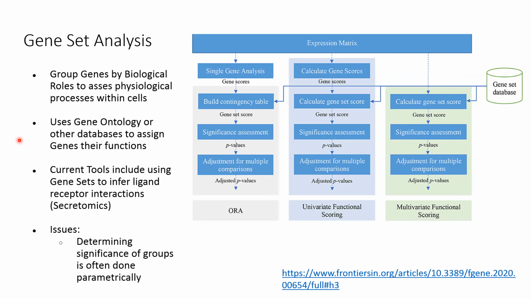And this assigns physiological processes to your genes. So as a result, you then get some information about which cellular processes are overrepresented in your cell type clusters or across different experimental conditions. And using these GO terms can help you make inferences about how the cell clusters in your data correspond to the physiology of your tissue.